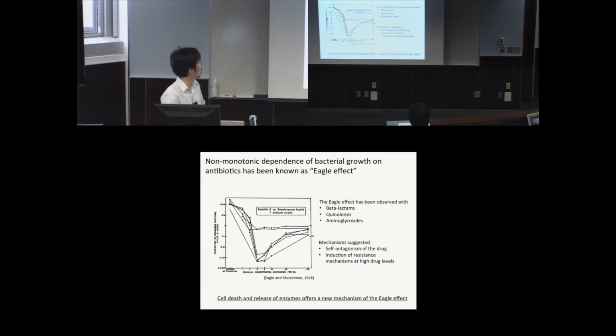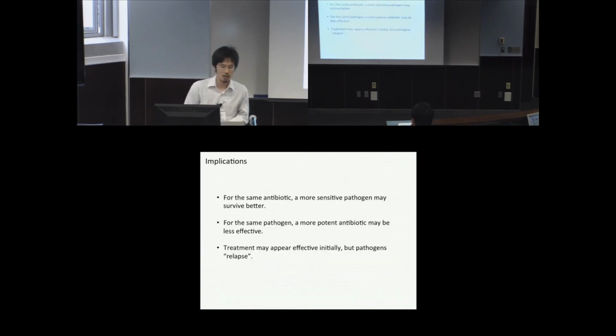And here, what I found is slightly different. It's a release of some enzyme by cell death, and that can counteract the drug. So it's slightly different from those proposed mechanisms, and the implications are that for the same antibiotic, a more sensitive strain may survive better.